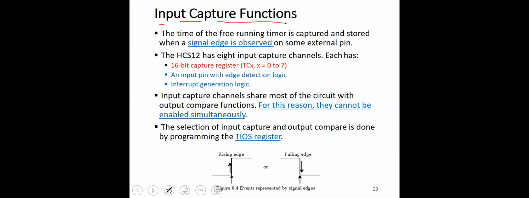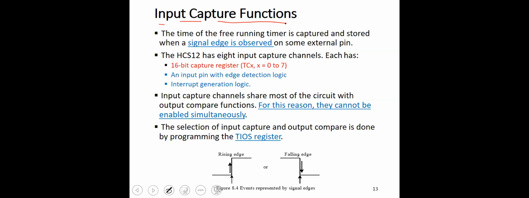And the idea here, as I discussed last time, is that in some applications, you want to record the time of some external event that is happening outside the microcontroller. And this event is basically an electrical signal which is binary. So what types of events can be monitored in this case?